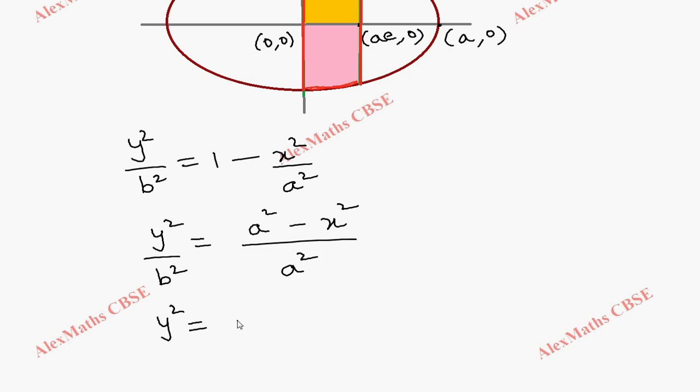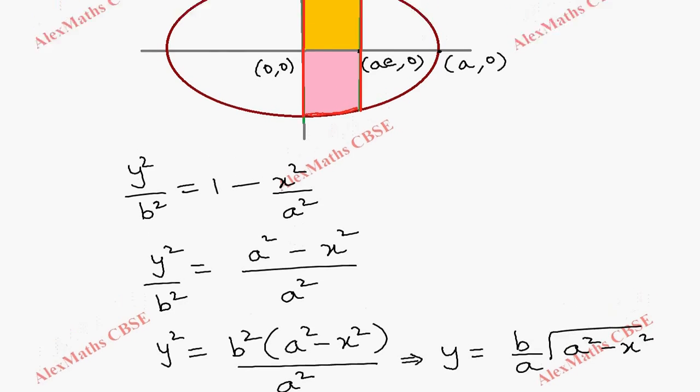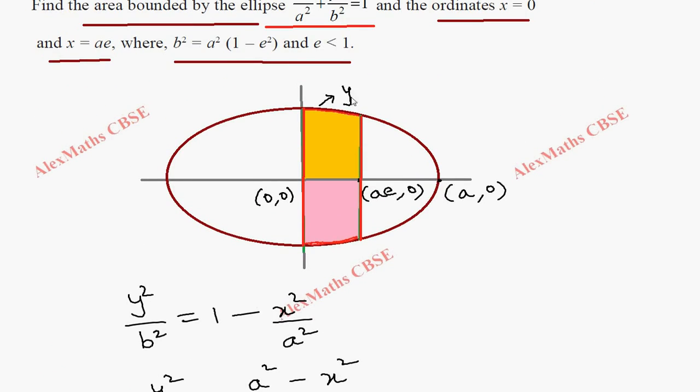Now y square is equal to b square bracket open a square minus x square whole divided by a square. Now we need y, so from this we take square root, we get on the right side b by a root of a square minus x square.